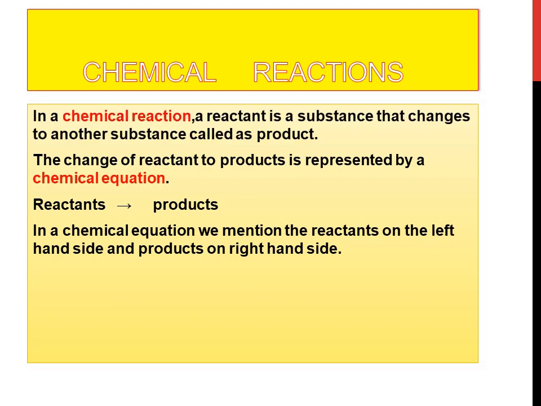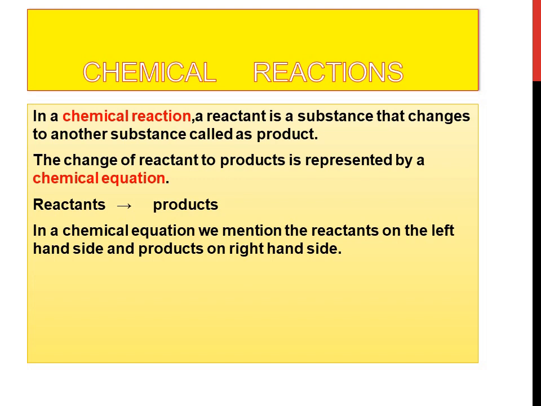Okay, so what does that mean? In a chemical reaction, there is a transformation of a substance. One substance changes into another substance, right? So for properly understanding a chemical reaction, we must identify those substances with the help of which we can start and with the help of which we can end. These substances are called reactants and products.